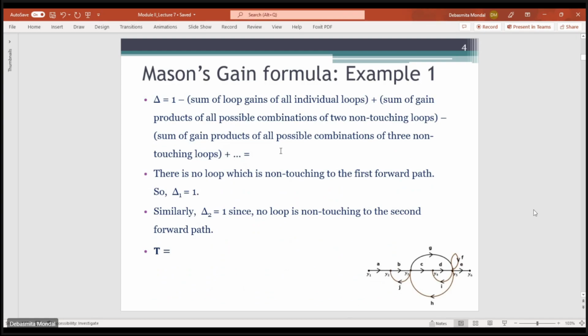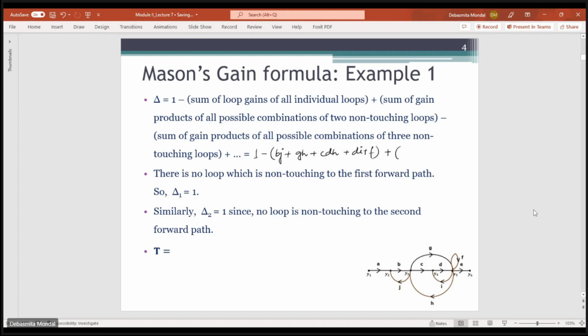So delta will be 1 minus the individual loop gains. The loop gains are BJ plus GH plus CDH plus DI plus F, plus the sum of gain products of all possible combinations of two non-touching loops.